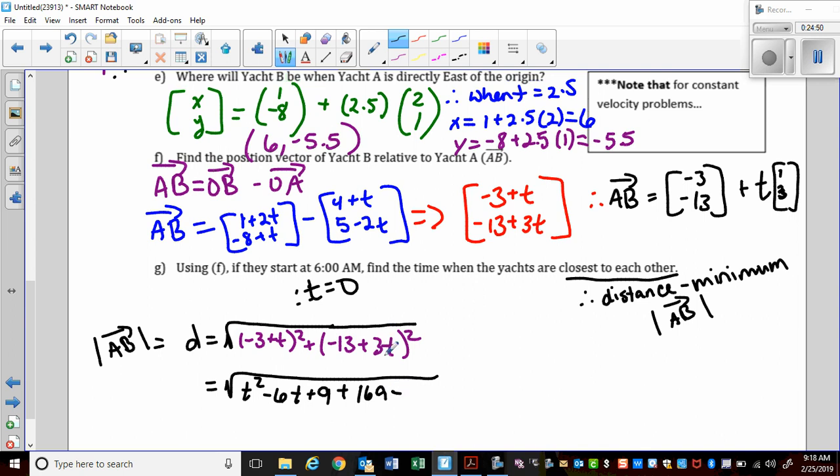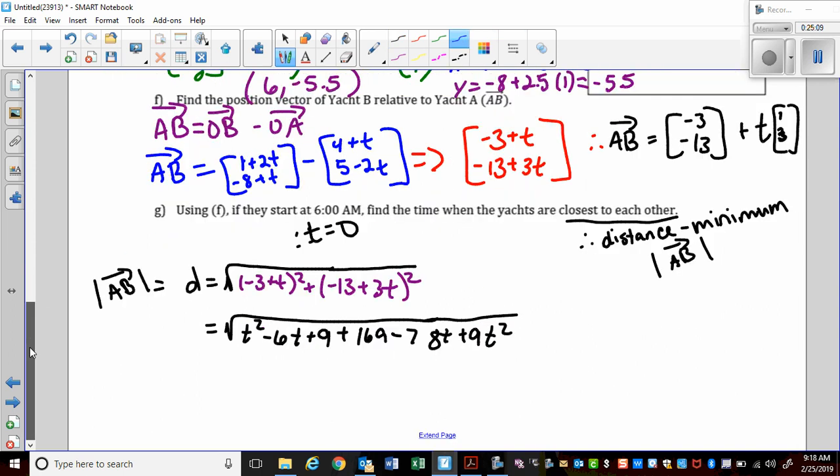Minus 3T times 13 times 2, I think, is negative 78T. Try it out. And then plus 9T squared. We have 10T squared minus 84T plus 178.